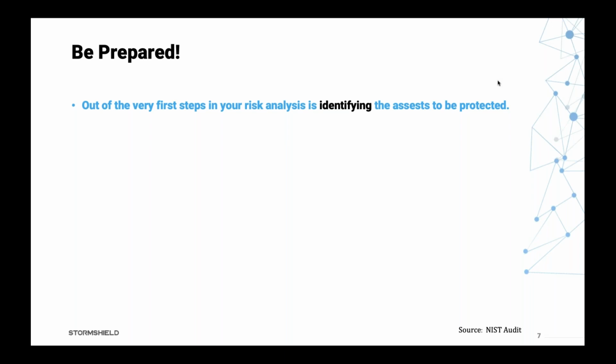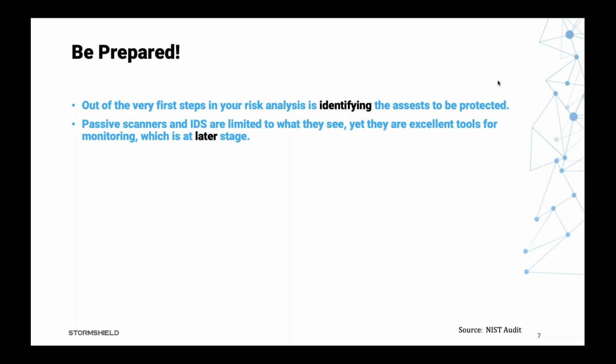Now, the question also comes up: we have some passive scanners, there are some IDS solutions. Normally, they work as a tap device, collecting logs and information, building these nice maps and conversations between different connected devices. Yes, but passive scanners and IDS are limited to what they are able to see. They will not go and scan.